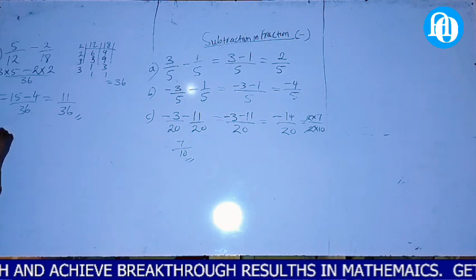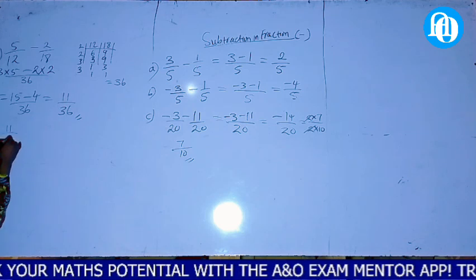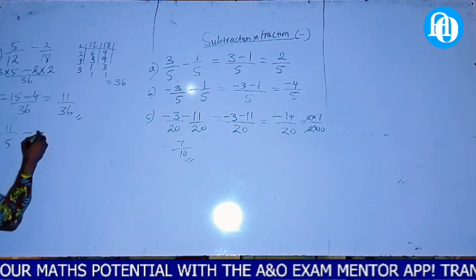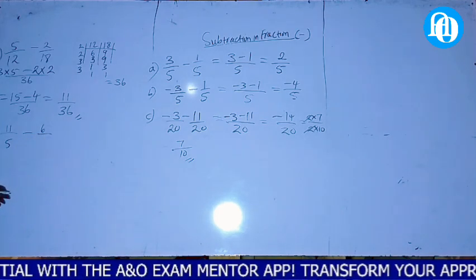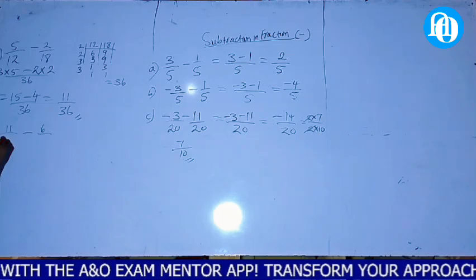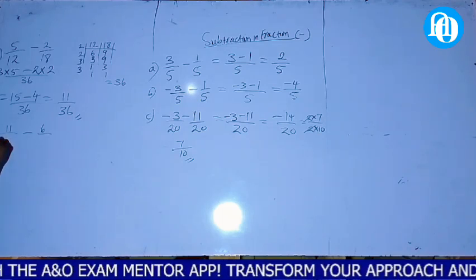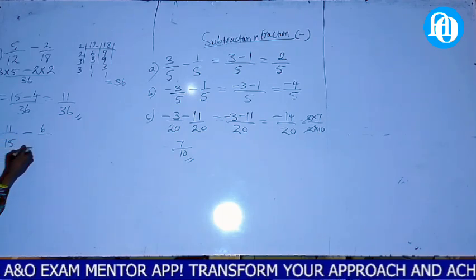Like 11 all over 5 minus 6 all over... let me use 15 and 20.